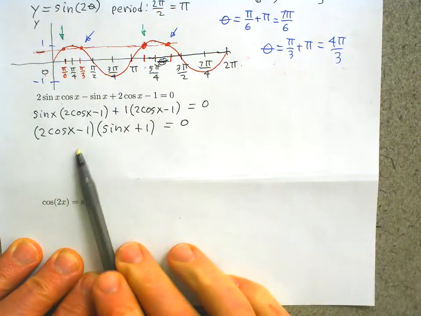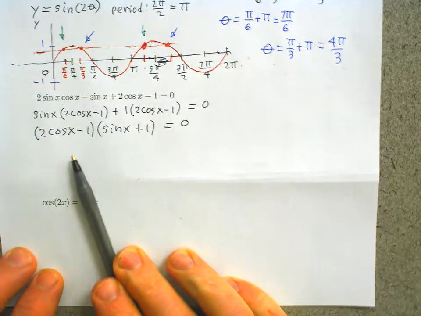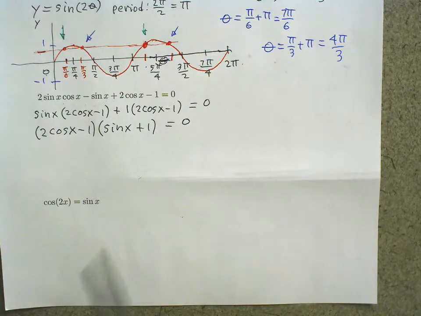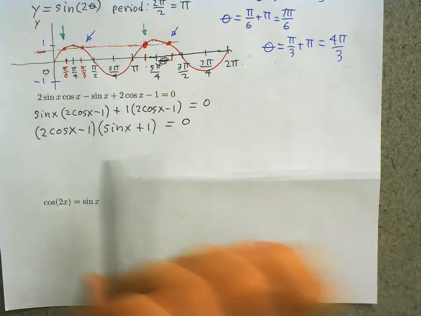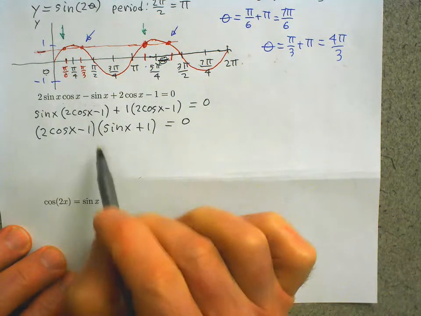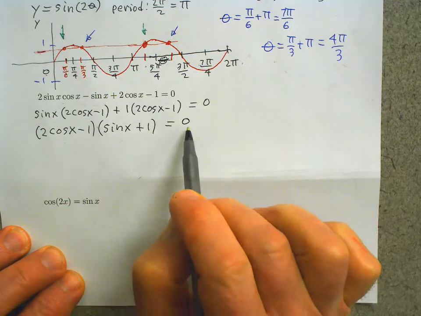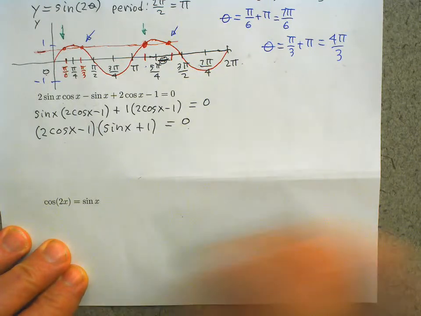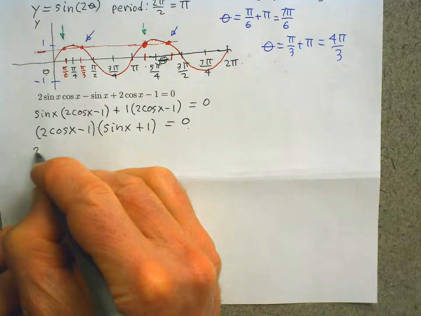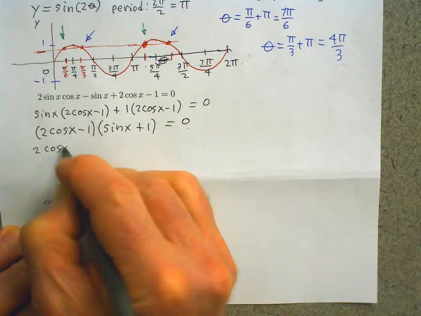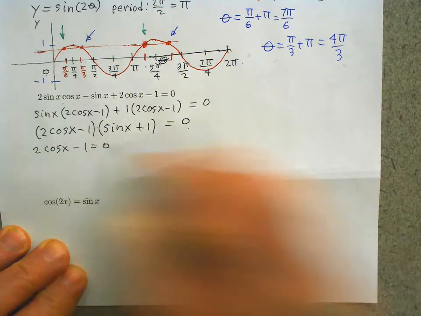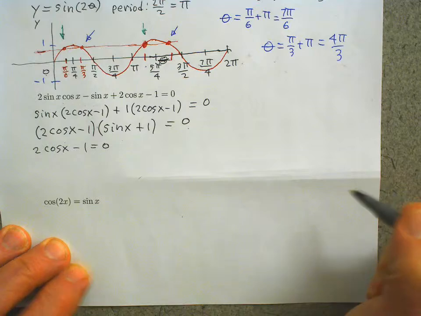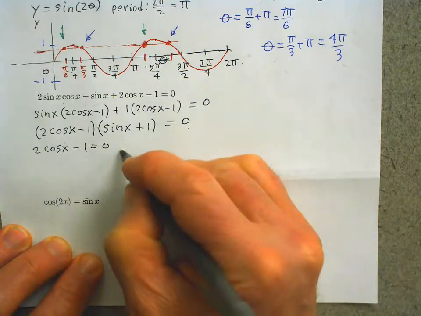And now we use a familiar property from arithmetic and algebra, the zero product property. If the product of 2 factors is 0, to find the solutions, set each factor equal to 0 and solve for the variable. So one of the factors is 2 times cosine x minus 1, so we set that equal to 0.